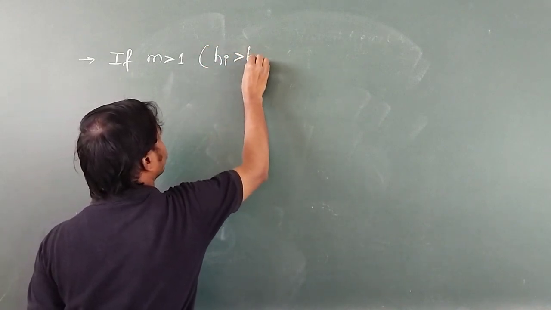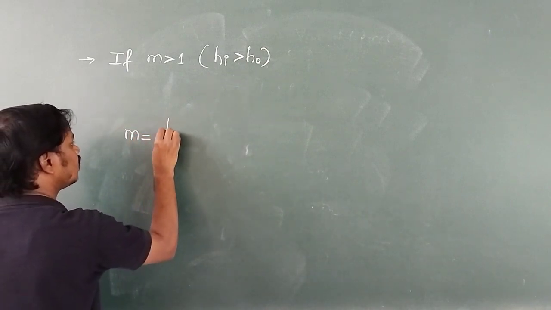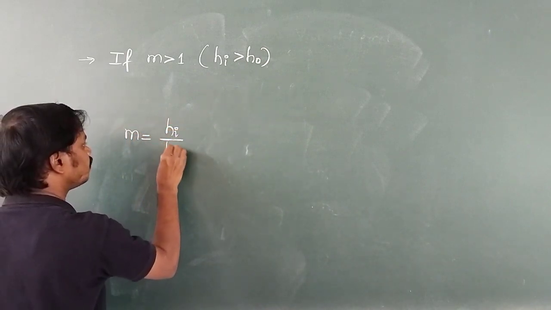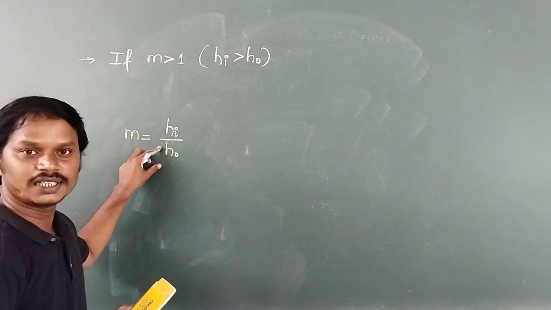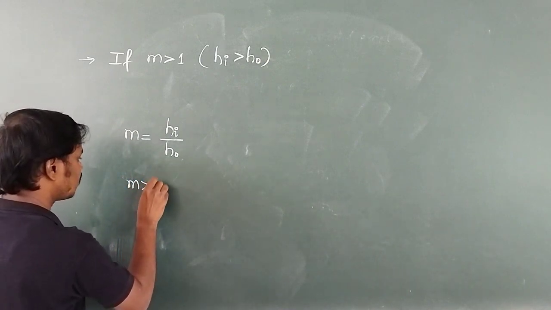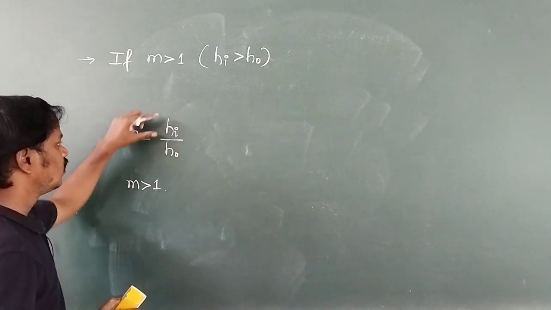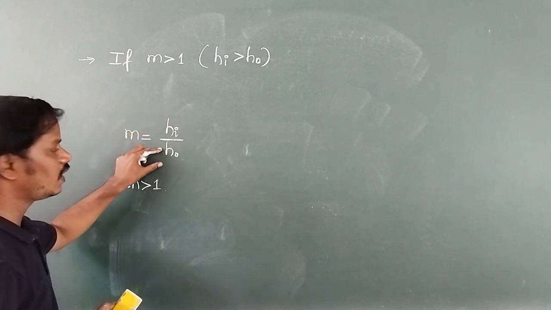Hi is greater than Ho. See, according to the magnification formula, that is Hi by Ho, if the numerator is greater than the denominator, then m is greater than 1. Numerator greater than denominator means here the height of the image is greater than the height of the object.